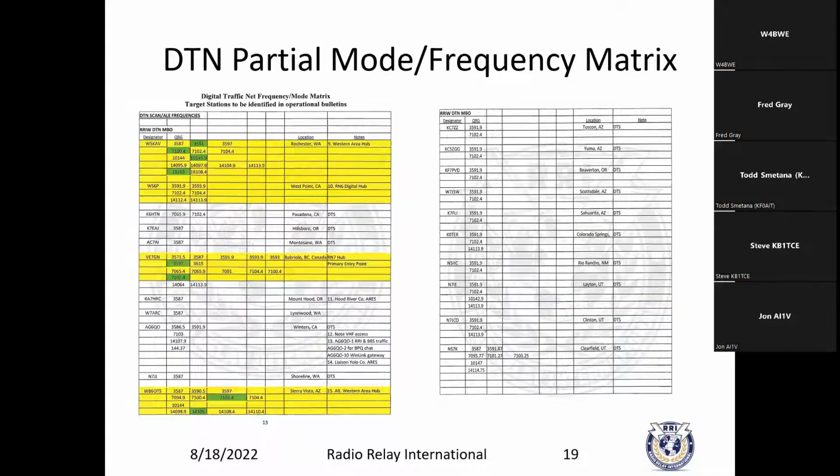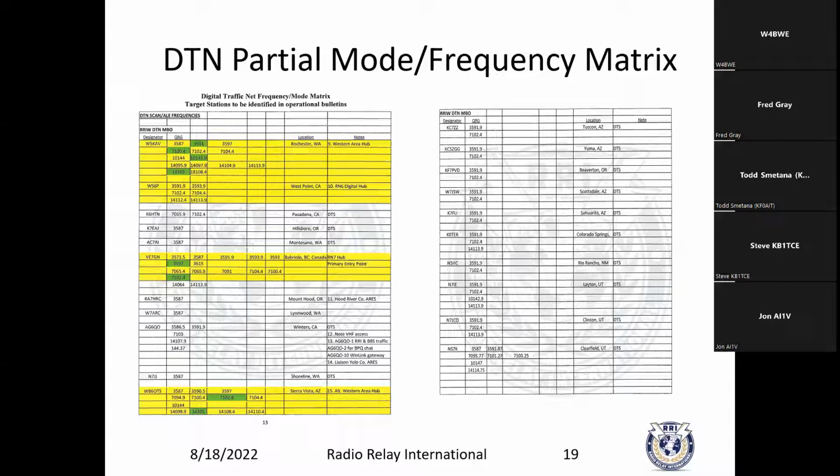So this is a mode frequency matrix for the digital traffic network for the exercise. So people would know what nodes are available, what alternate nodes are available, on what frequencies, and so forth. And these were all included with the exercise package. So again, this allows for a degree of, let's say, improvisation, right?